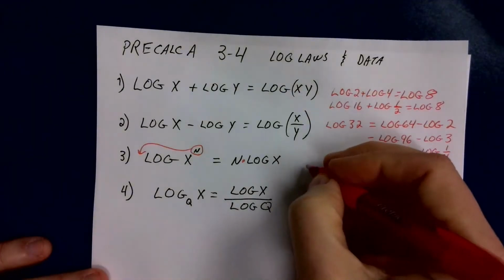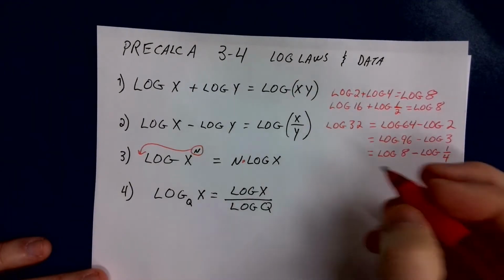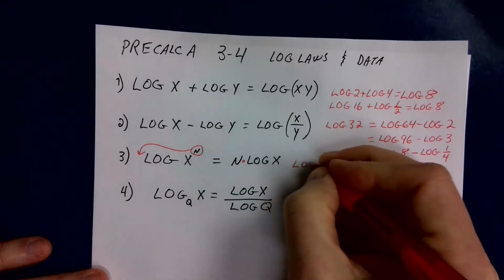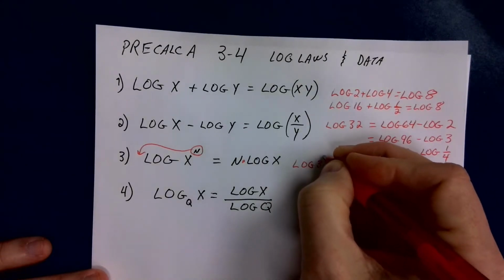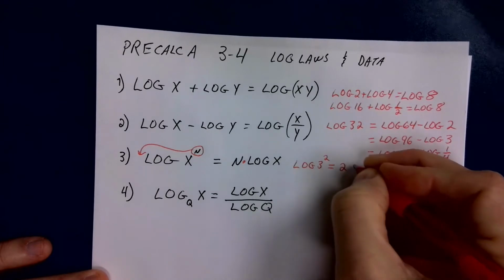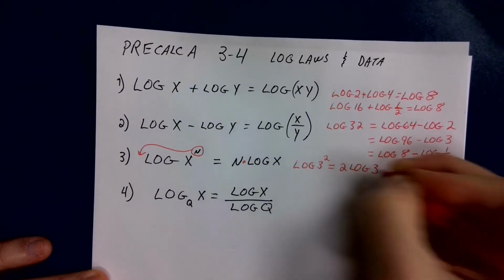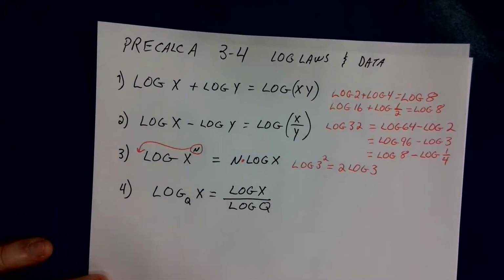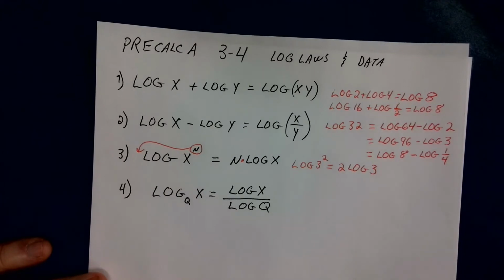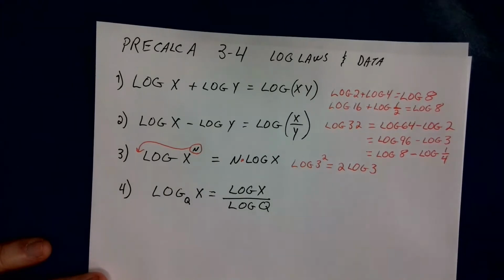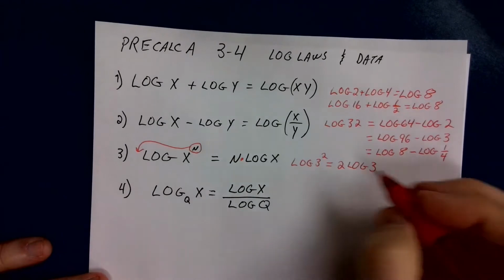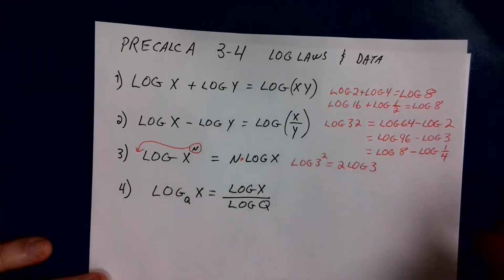So let me give you a quick little example of how that works. If I put the log of 3 squared equals 2 log 3, you're like, oh, that hopefully makes sense, right? So let me write it another way and see if you agree that this is why this thing would work.